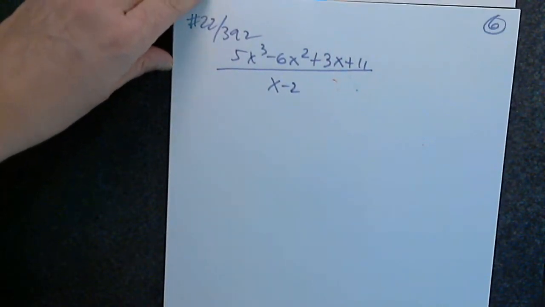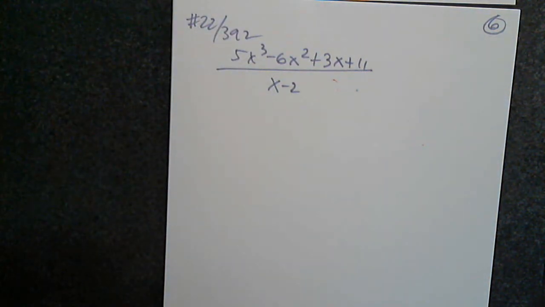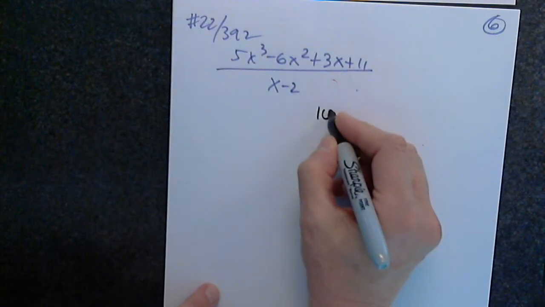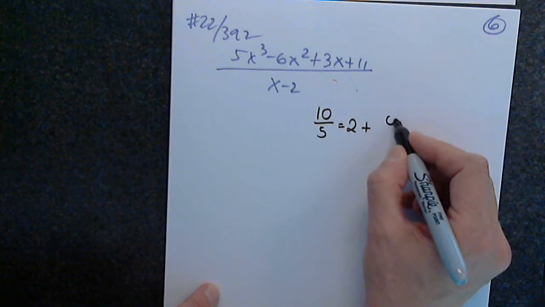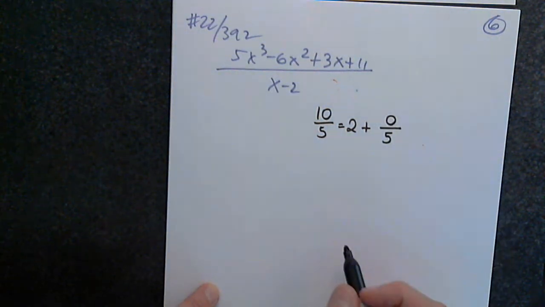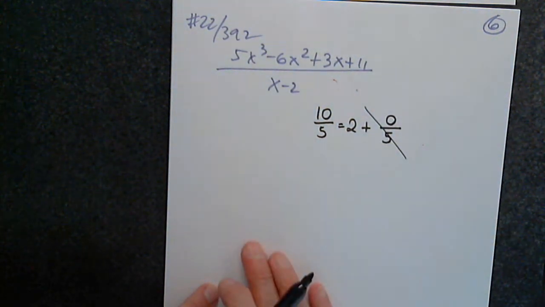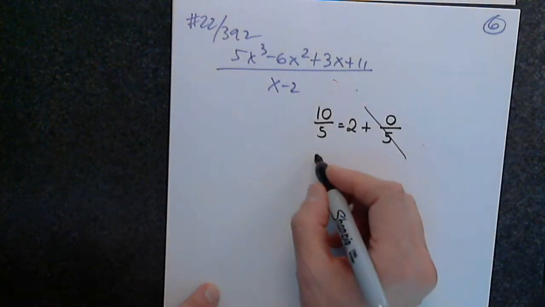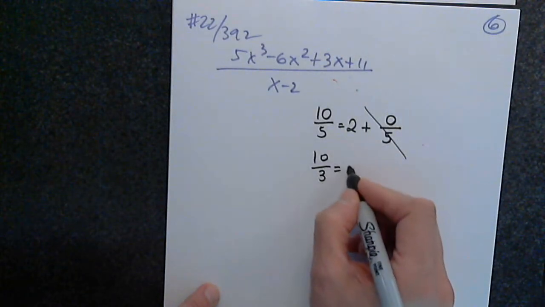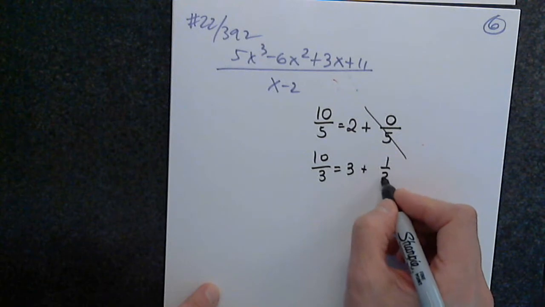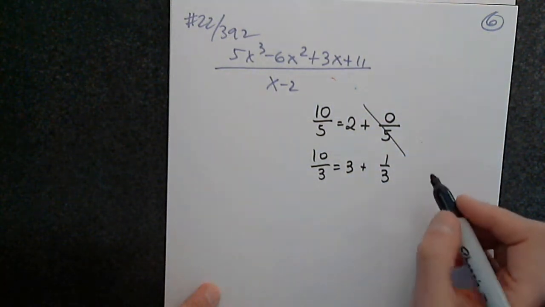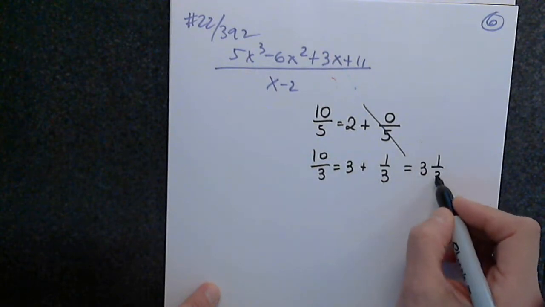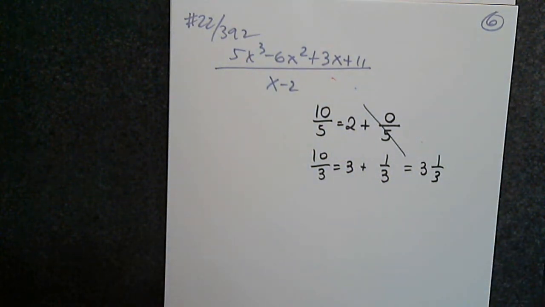Before I refresh your memory on both long division and synthetic division, I just want to make a point. If I divide 10 by 5, I get 2 plus 0 divided by 5, which doesn't need to be written. But if I divide 10 by 3, I will have 3 plus 1/3. You can say this is not the way we write it with numbers, and I will have to agree. It's a mixed number, 3 plus 1/3.